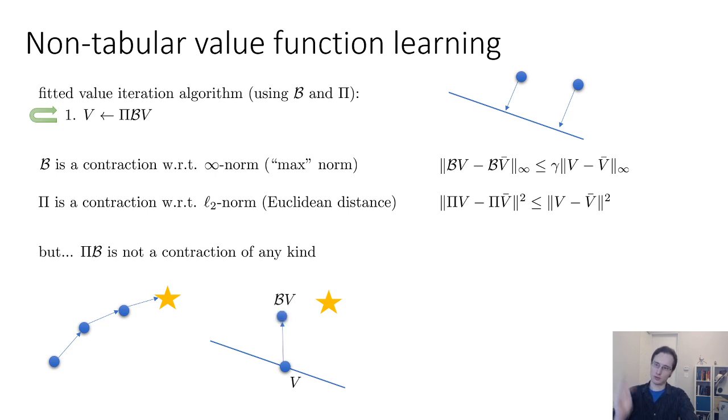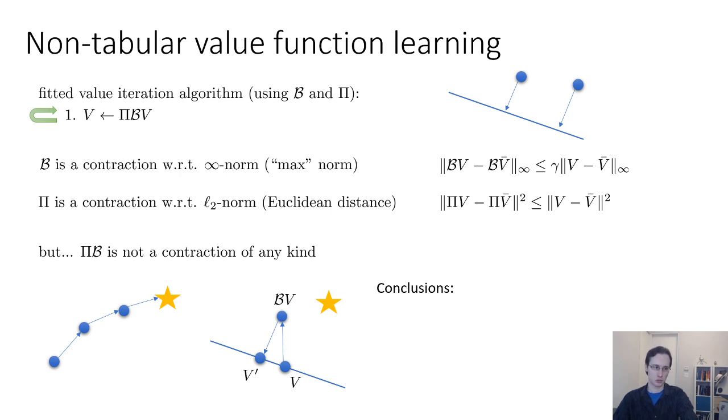So your Bellman backup, BV, will get you closer to the star in terms of infinity norm, and then your projection will move you back onto the line. And while both of those operations are contractions, notice that V prime is now actually further from the star than V is. And you can get these situations where each step of the way actually gets you further and further from V star. And this is not just a theoretical idiosyncrasy, this can actually happen in practice.